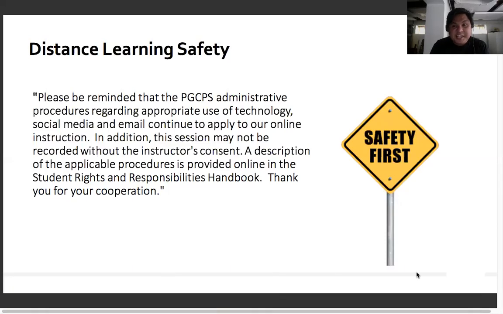Okay. But before we actually go over this lesson, we have to go over the PGCPS safety guidelines. All right, so take note of this protocol. Please be reminded that the PGCPS administrative procedures regarding appropriate use of technology, social media, and email continue to apply to our online instruction.